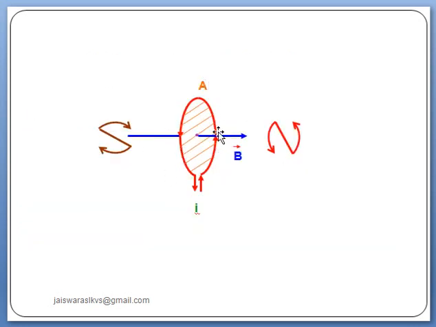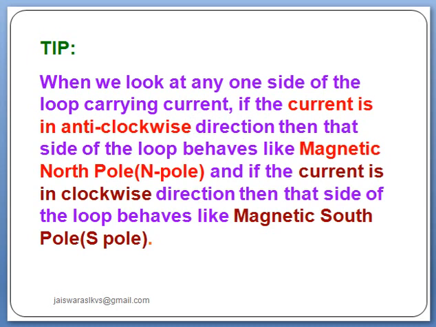See, this is a circular loop, current carrying conductor. So this end behaves like the south pole, this end behaves like north pole. Suppose the magnitude of current is I, area is A, strength of B is here capital B. So let us see the tip, how you can memorize. See, when we look at any one side of the current carrying circular loop, if the current is in anti-clockwise direction, so listen very carefully, if the current is in anti-clockwise direction, then that side of the loop behaves like north pole.